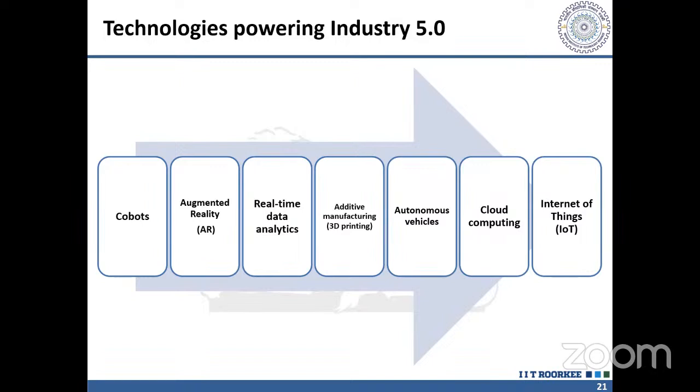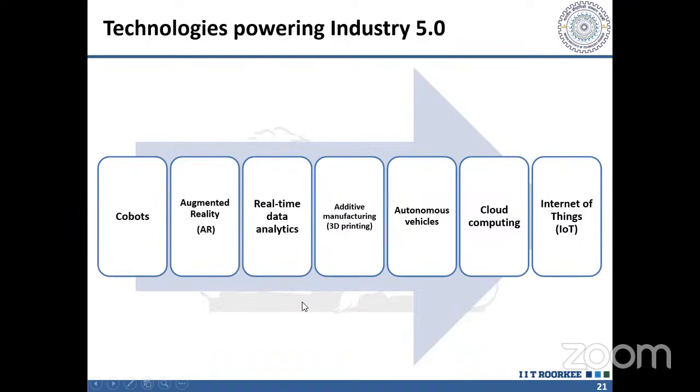This technology overlays the instructions and diagrams onto the engine components and makes it easier for the workers to assemble the parts correctly. This is the basic purpose of augmented reality, right? One is virtual reality, one is augmented reality, and both kinds of technology are associated with Industry 5.0.